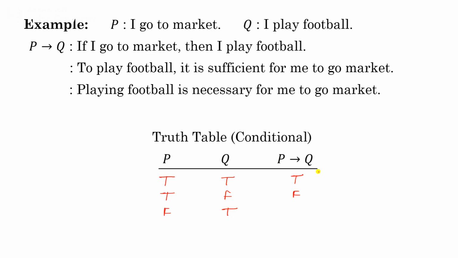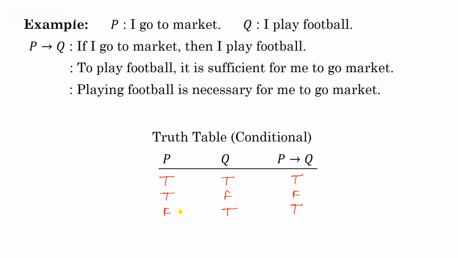So the conclusion is true. It means the conditional statement P implies Q is true, because it is a sufficient condition. I am again saying this is a sufficient condition. Without P being true, Q may be true. It means P implies Q will be true.